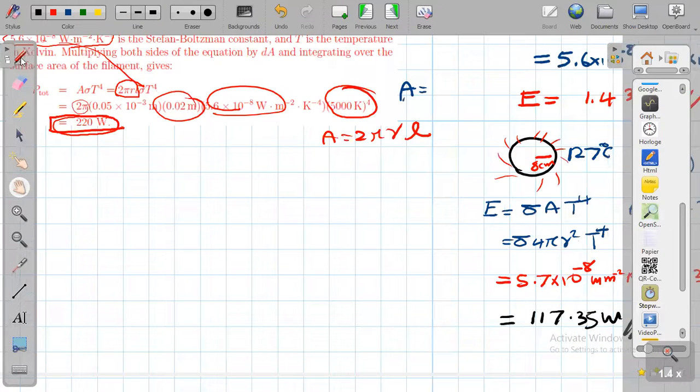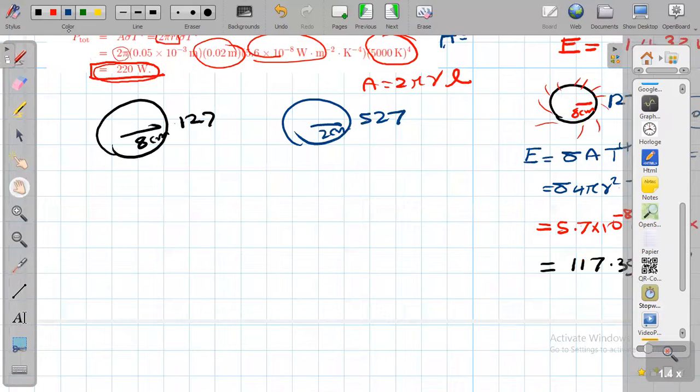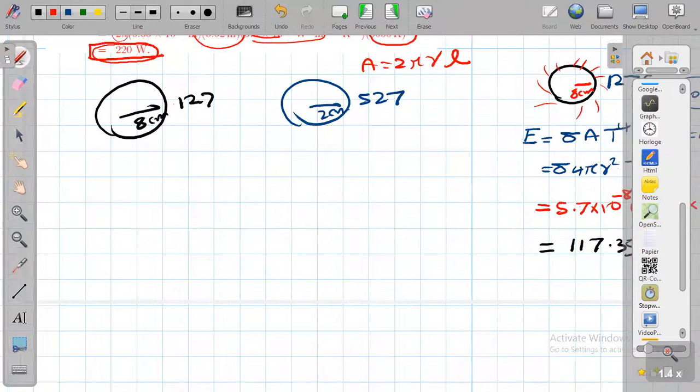I will draw it again. 8 centimeter and 127. The other one is 2 centimeter, 527. Okay. What is my modified equation for energy? Energy equals sigma A T to the power 4. But here it is the radius, so the area is 4 pi r square.